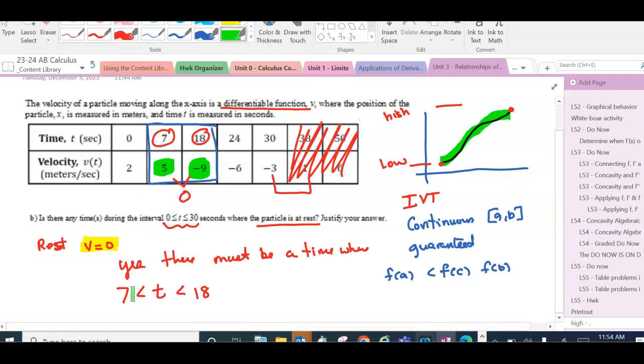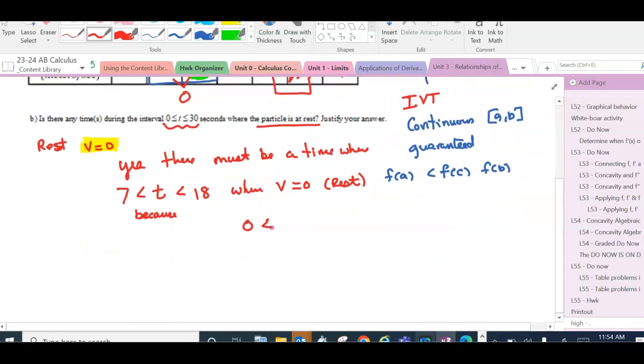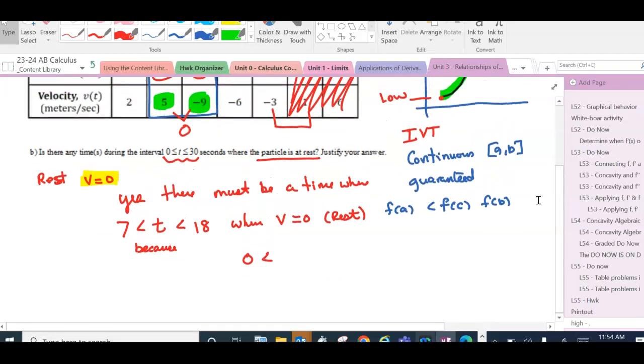But there must be a time between 7 and 18 seconds where v equals 0, and we should say that's at rest, because 0 is between velocity of 5 and velocity of -9 by the intermediate value theorem.